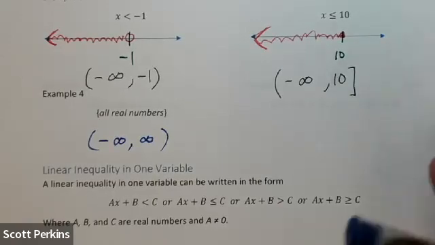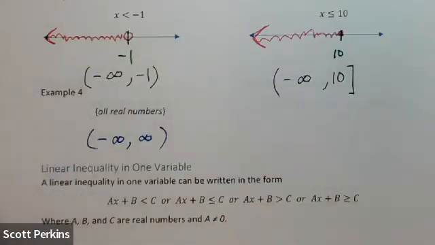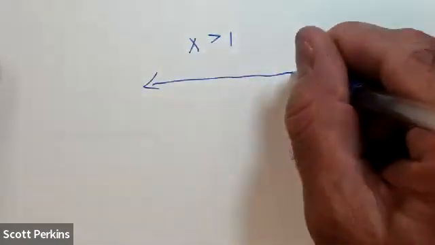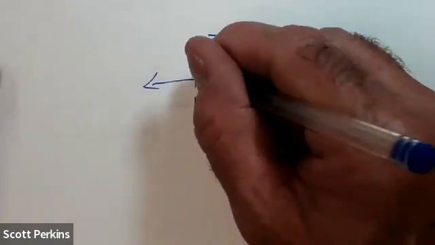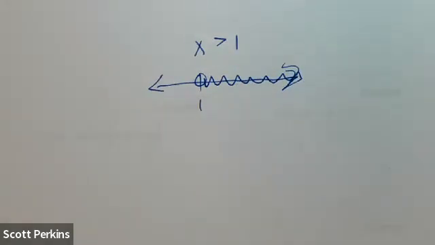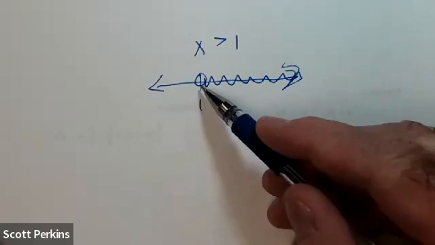So for instance, let me draw one. I'm going to flip my page over. Let's say we have x is greater than 1. Oops, you can't see it. You have x is greater than 1. Okay, so real quick on the number line, it looks like this. You've got 1, we've got an open circle, and then I'm going to shade this way. What I mean by that is this. 1 is not part of the set.